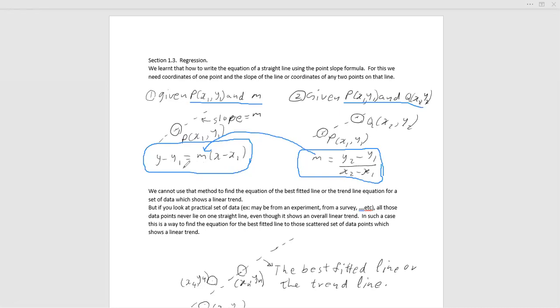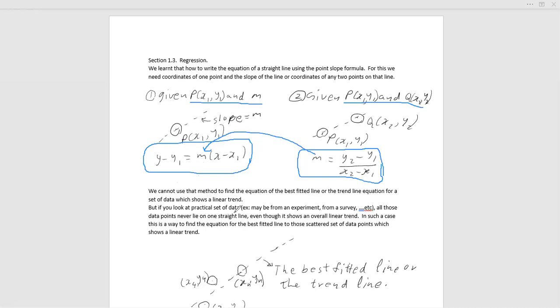Okay. Today, what we're going to learn is again an equation of a line, but this time the points are scattered, meaning they do not stay on one straight line.